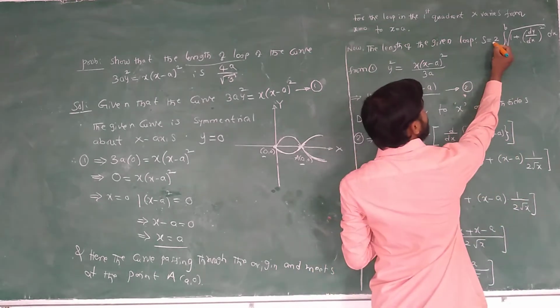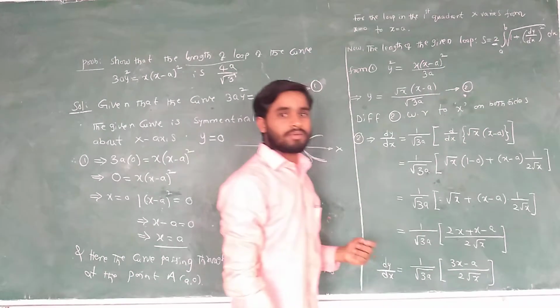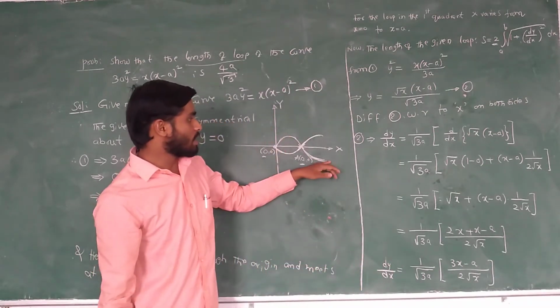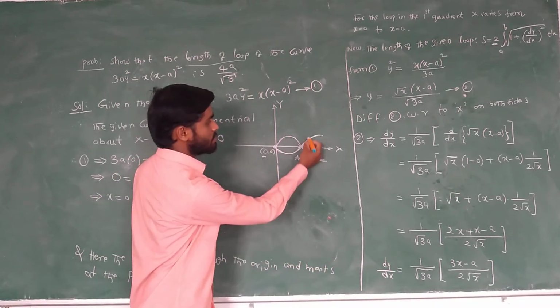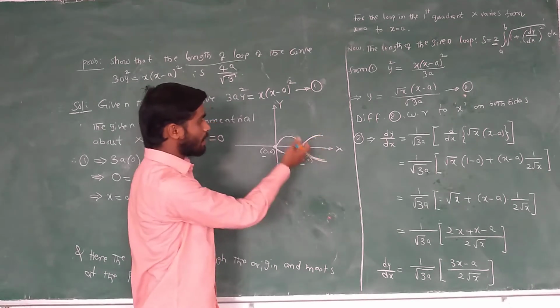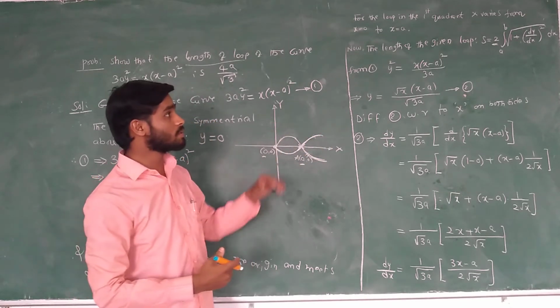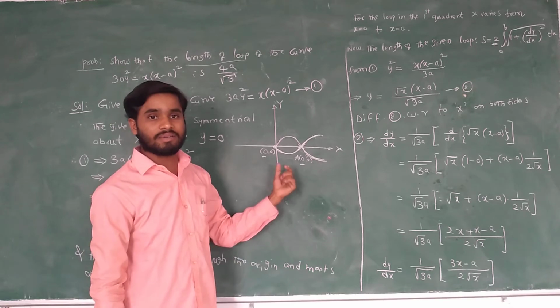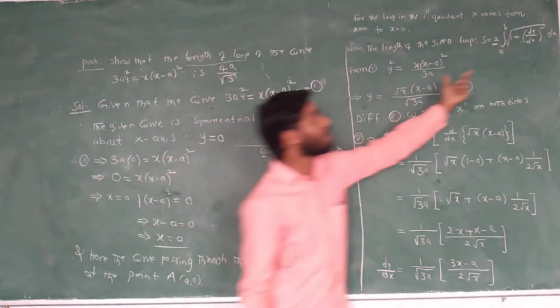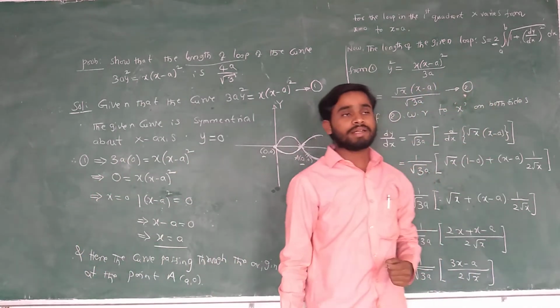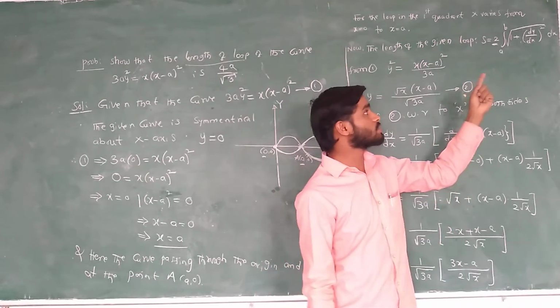Here 2 is a constant. Why? Because the curve has two symmetric parts, the upper and the lower, so this is double. So to find the length of the given curve, we take 2 times the integral from a to b of √(1 + (dy/dx)²) dx.